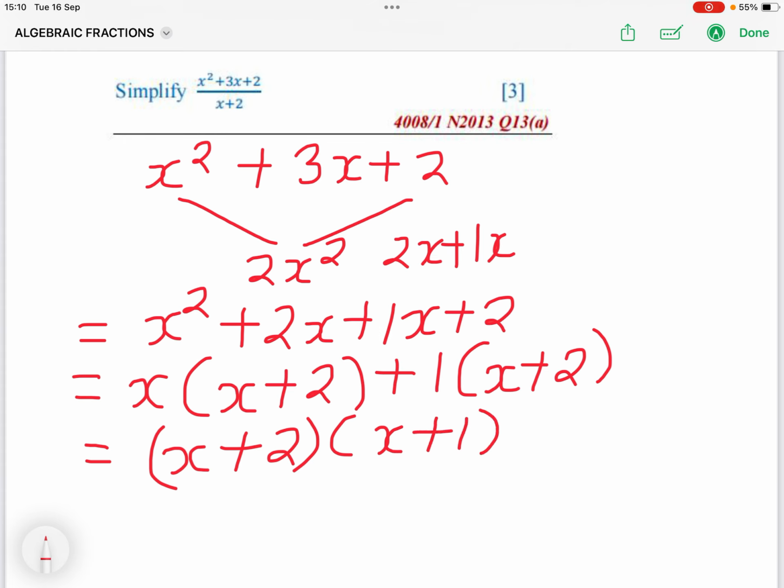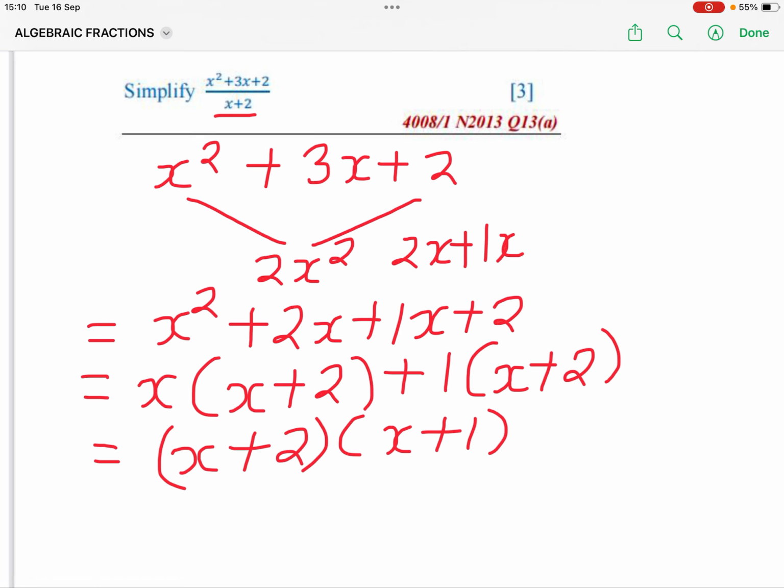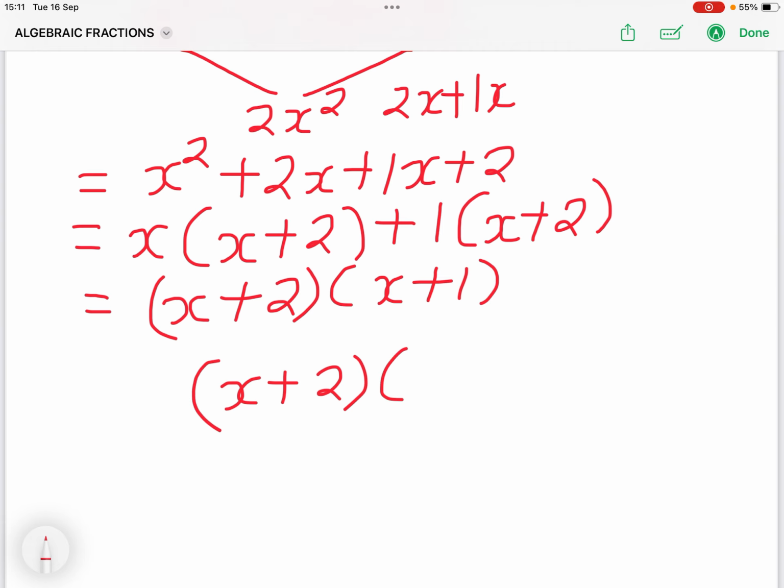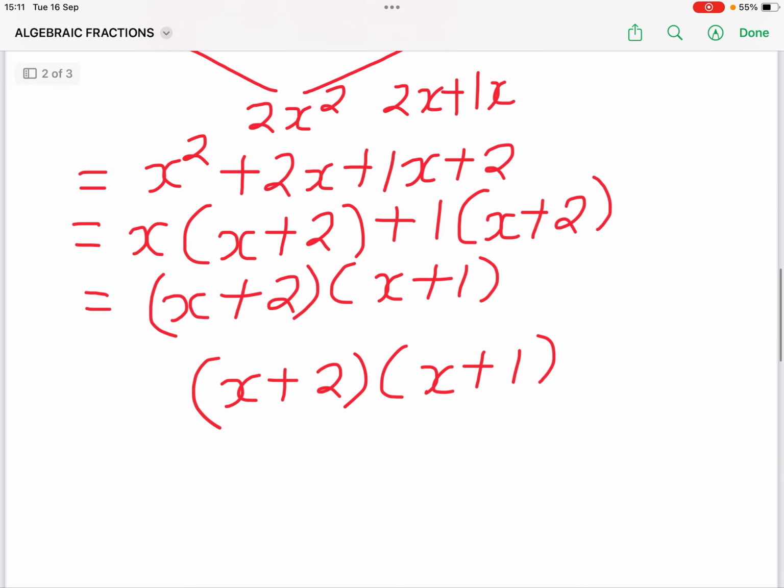And then our denominator can't be factorized further, right? So we are now going to rewrite our expression. We say x plus 2 times x plus 1 over our denominator, which is x plus 2.